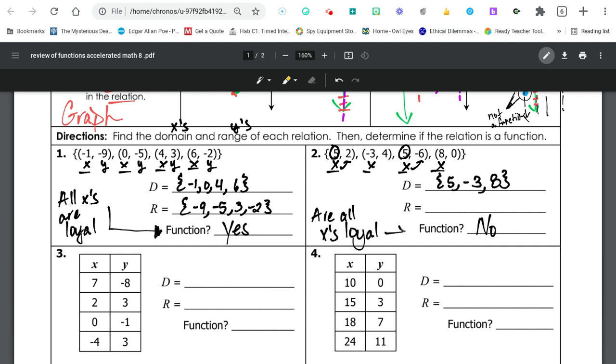And that would be a big no. 5 is doing the most, so we're going to say that's not a function. All right, now let's take a look at the range. The range is just your y values, 2, 4, -6, and 0. And that's all you do.